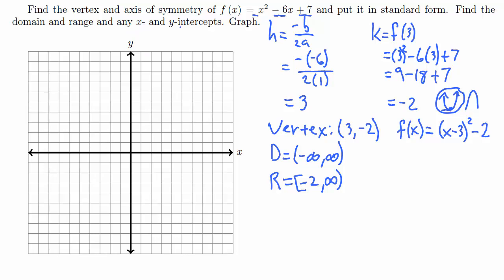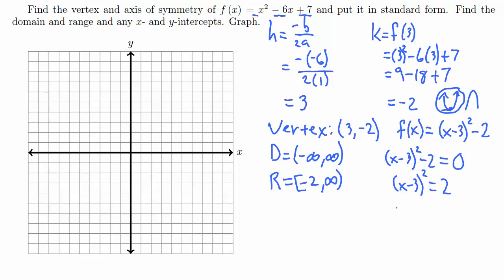Now then, the x and y intercepts. To find an x-intercept, you set the function equal to 0. In other words, you want the function value to be 0 because you want it to be on the x-axis. So what we're going to do is set the standard form, x minus 3 squared minus 2, equal to 0. Hey, look, this is actually pretty easy. I just need to add 2 here, giving me x minus 3 squared is equal to 2.